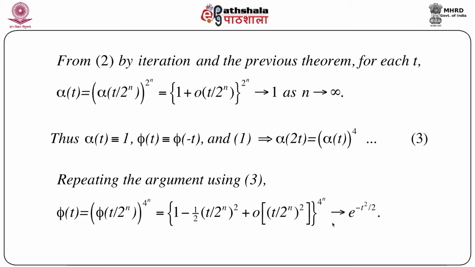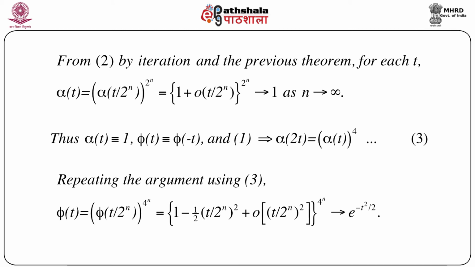So we have to use some calculus, some limits here, which is very easy to see. So eventually we get phi t converges to e to the power minus t square by 2 as n goes to infinity. Now e to the power minus t square by 2 is the characteristic function of a standard normal variable, that is normal distribution with mean 0 and variance 1. So the proof is complete.